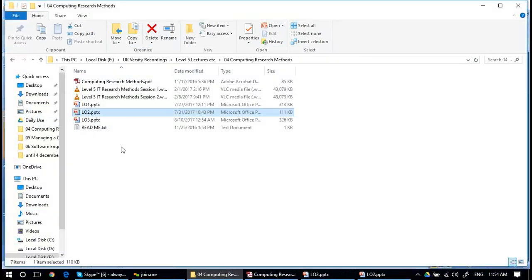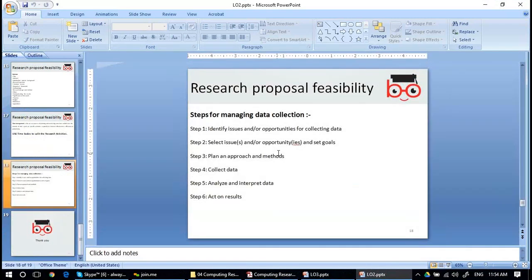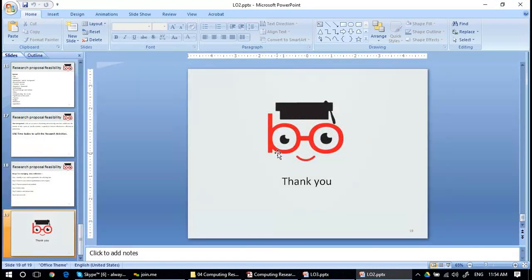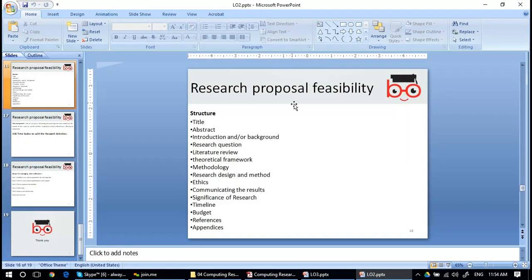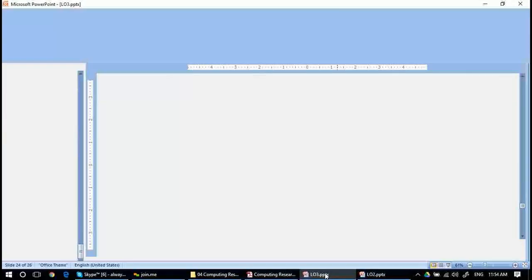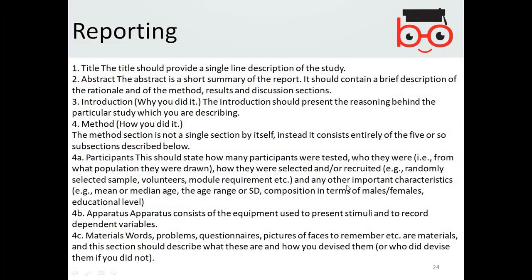If you remember in learning outcome 2, we discussed that a research proposal structure could be title, abstract, introduction, research question, and these things, while reporting is basically the research you have done and you want to produce it.